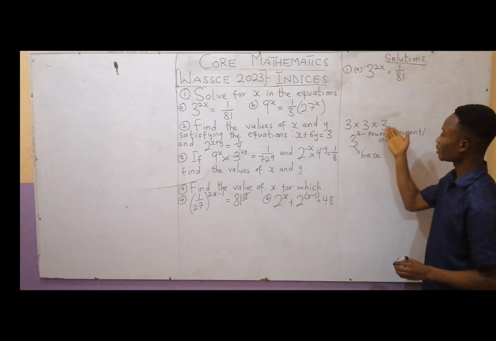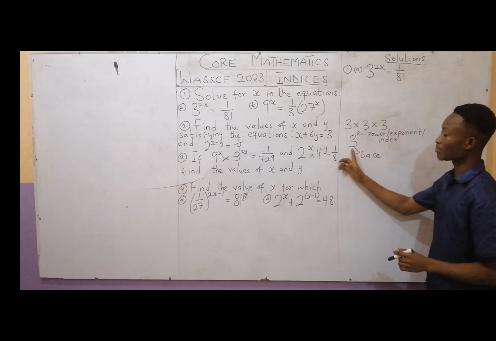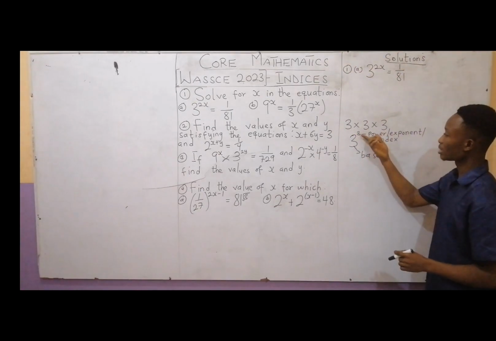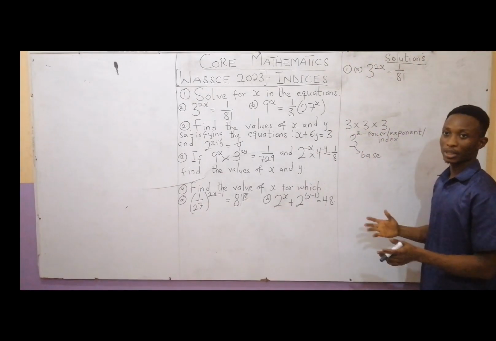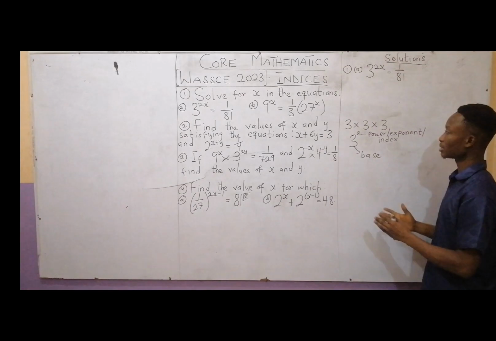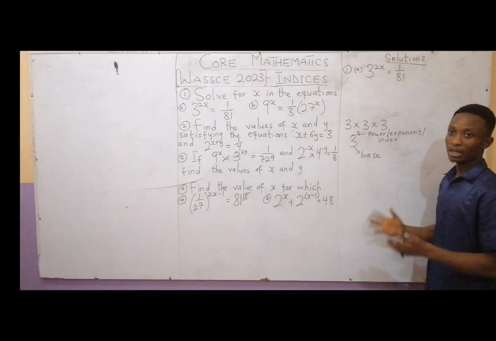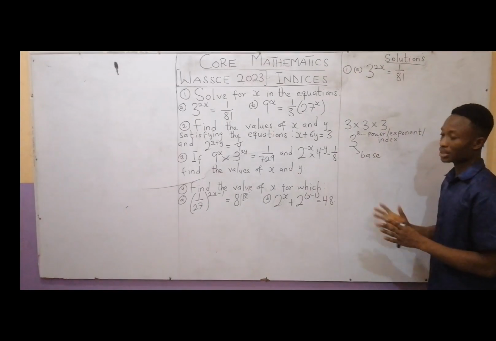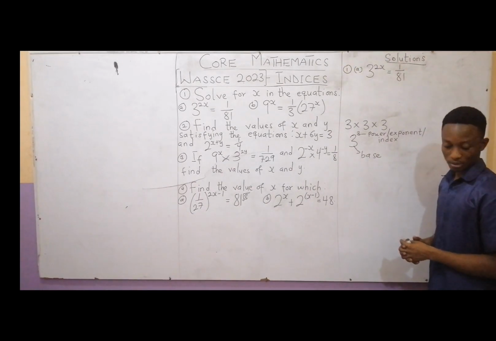Since they appear three times, we have 3 on top to mean that 3 multiplies itself 3 times, and that will give us 27. So this basically is what indices talks about.